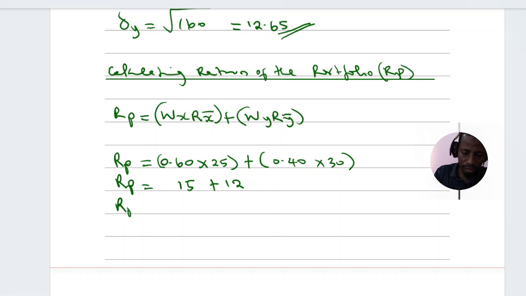Therefore, the return of the portfolio is equal to 27. That's the answer.